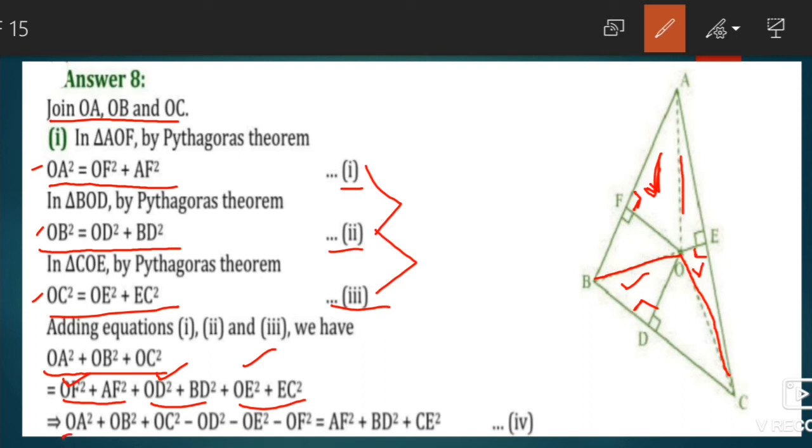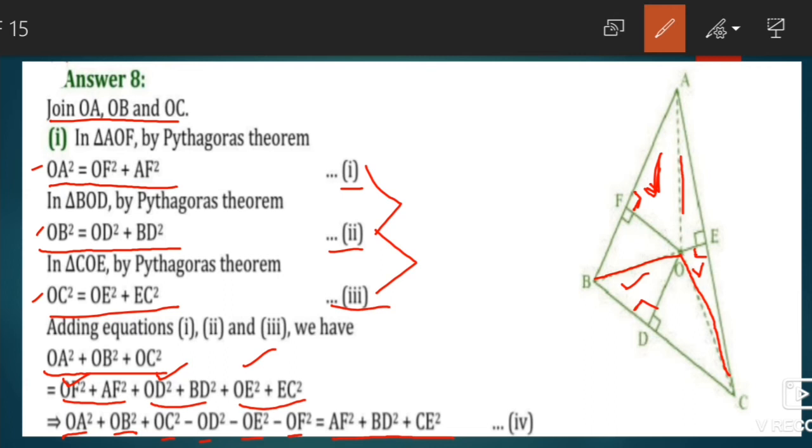So it will be OA square plus OB square plus OC square minus OD square minus OE square minus OF square is equal to the rest of the thing, that is AF square plus BD square plus CE square. This last line we have to prove. Okay, so our proof is completed here.